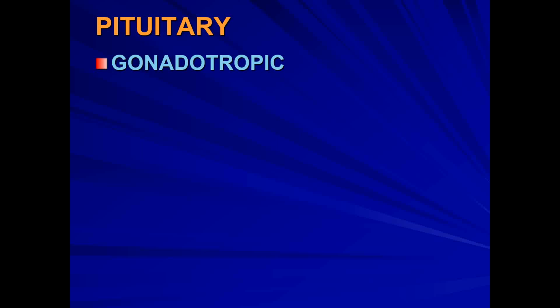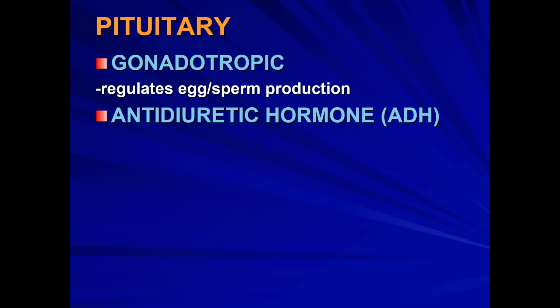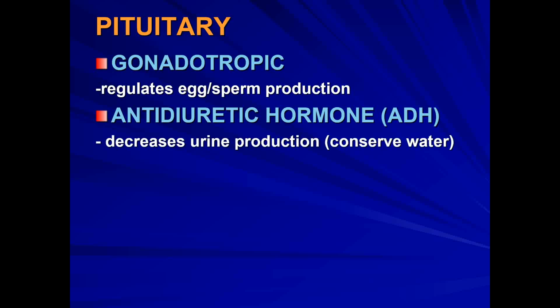Your gonads are your reproductive organs, so that's your paired ovaries in females and your paired testes in males. The gonadotropics are going to regulate egg production in females and sperm production in males for reproduction. We also get ADH, antidiuretic hormone. This is signaling the kidneys and telling the kidneys to conserve or hold on to the water that we have in the body.